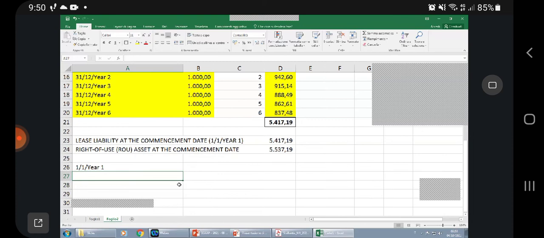The final result is the same. You can recognize in the debit side the amount of the lease liability, and you can recognize the lease liability for the same amount.